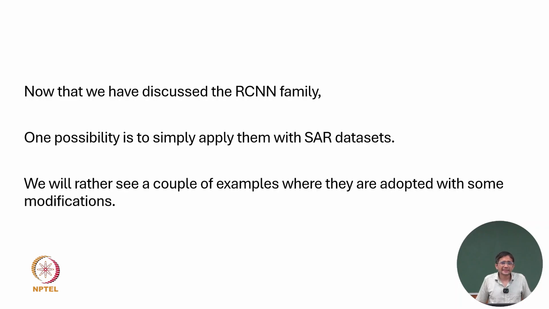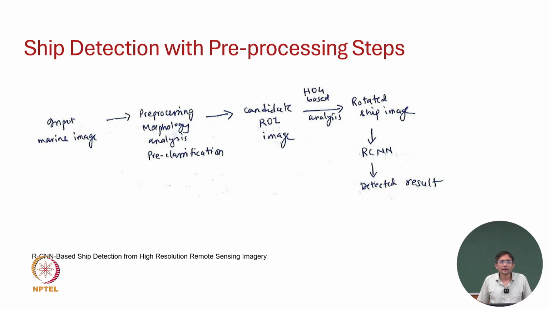So we will see a couple of examples where RCNN and Fast RCNN are adopted with some modifications. The first example that we are taking is ship detection with pre-processing steps.